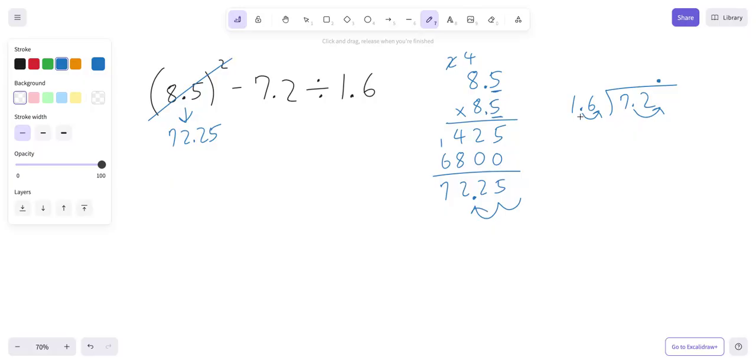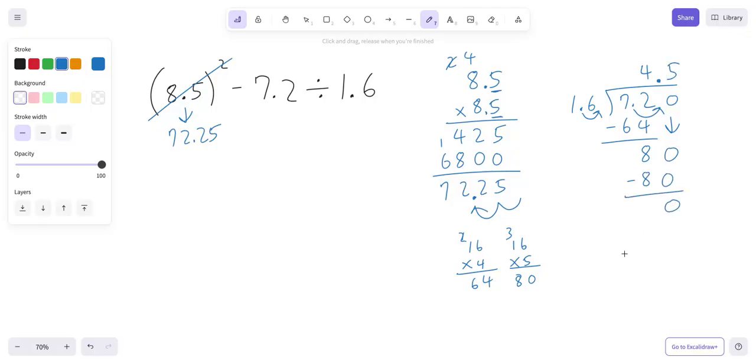Let's try 4. 16 times 4 is 64. I subtract, I get 8. So bring down 0. 5 times 16 is 80. And that's it.